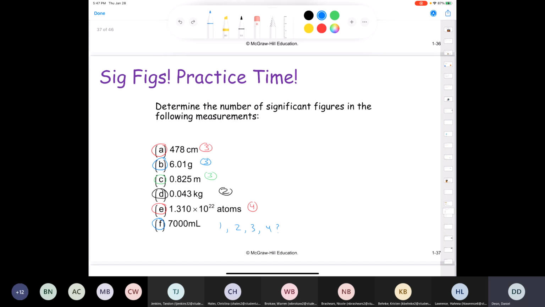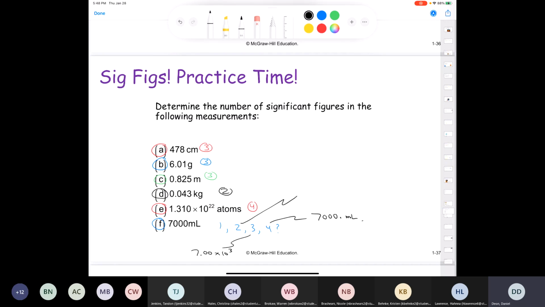A way that we could turn 7,000 milliliters into a number that has 4 significant figures would be to write it as 7,000 decimal milliliters, then there would be 4 significant figures. How could I report 7,000 milliliters to 3 significant figures? If I wrote 7.00 times 10 to the 3, that would be 3 significant figures.